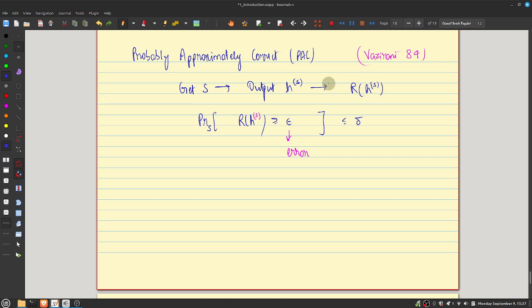H of S, correct? So this is some quantity, it's some number that depends on this particular H, that in turn effectively depends upon the pattern. Correct? Because of the way you have chosen H, it's based on S. It may be dependent on S, it may not be dependent on S. Maybe you just always output a particular function H. That's also a possibility.